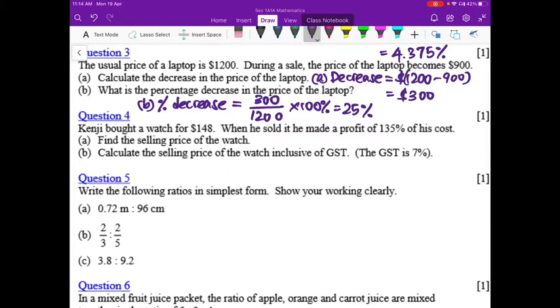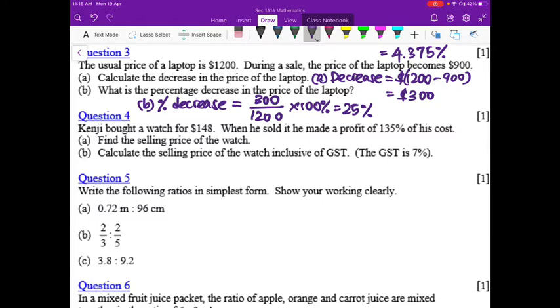Okay, let's look at the next line carefully. What is the profit? 135%, right? 135% of what? The profit is 135% of the $148. Okay, listen carefully.